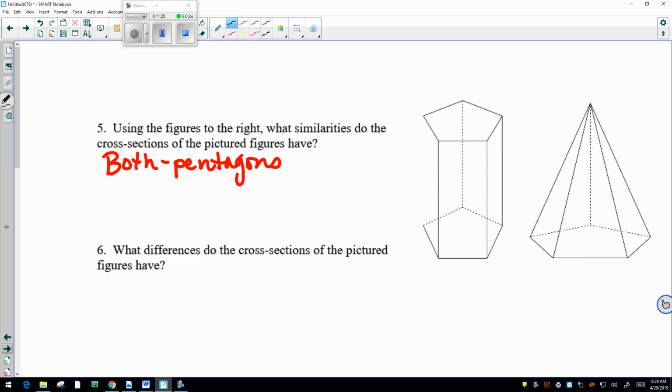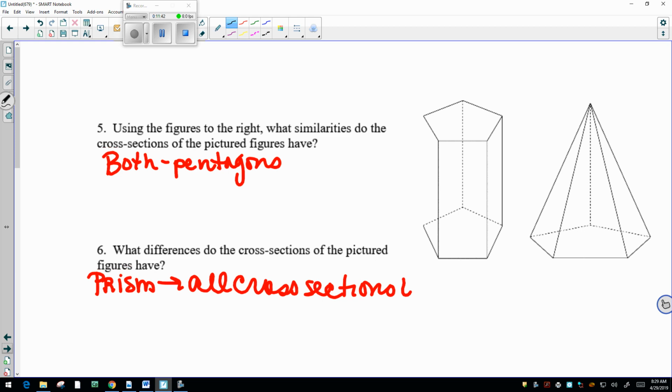But now the difference is if I took a cross-section of this prism, the first one, I know that all cross-sections will be congruent. They're going to be the same size going from the bottom all the way up to the top. It's not going to change.